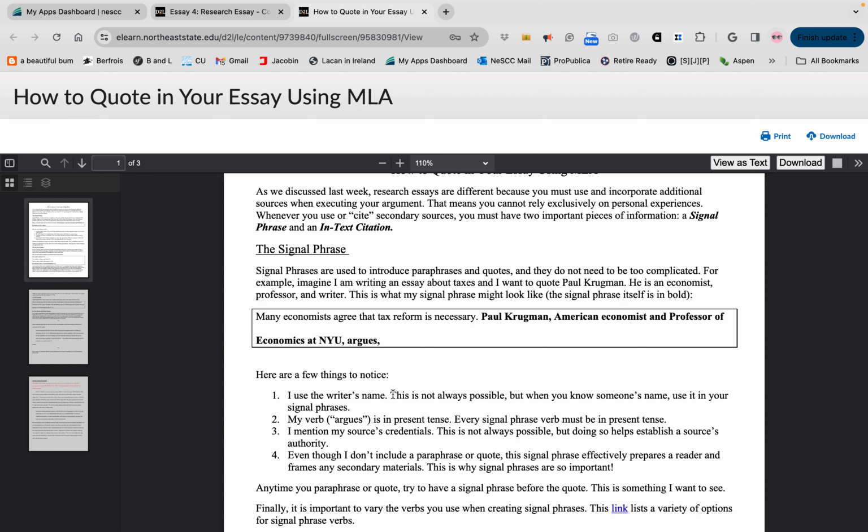Here is an example of a signal phrase. And again, for time purposes, I won't read all of this, but think of a signal phrase as something that customarily appears before borrowed material, like a direct quote.